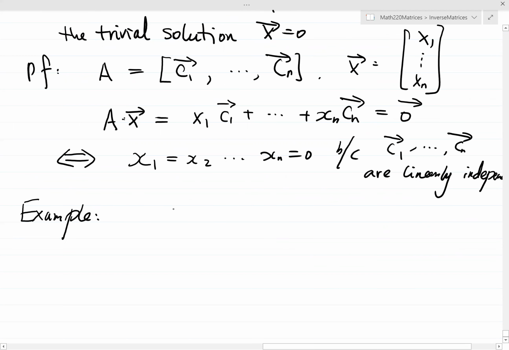For example, two vectors V1 and V2 are linearly independent if they are not in the same direction.